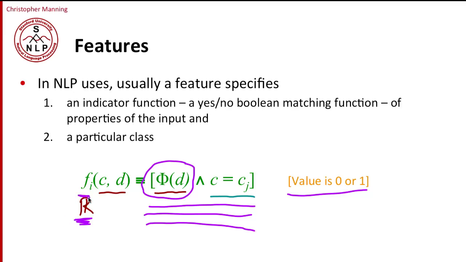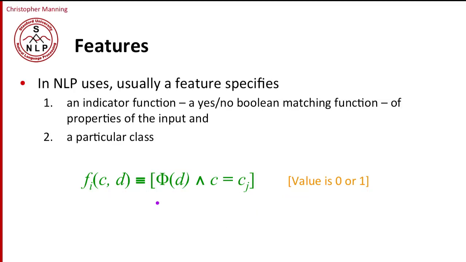And so that's our Fi feature pair. A lot of the time we'll think in terms of these phi d features, but you should remember that the actual math and programming we write is going to be working in terms of these Fi features, where this i index is particular to both matching a data predicate and some particular class.